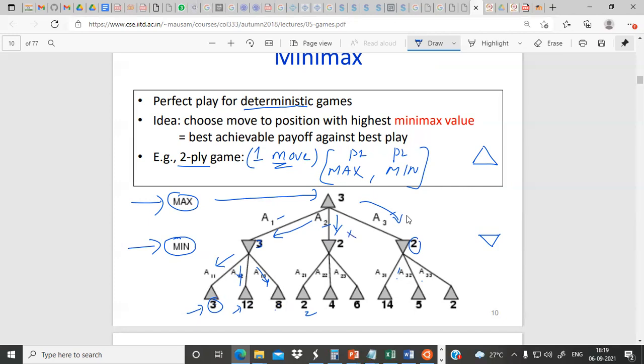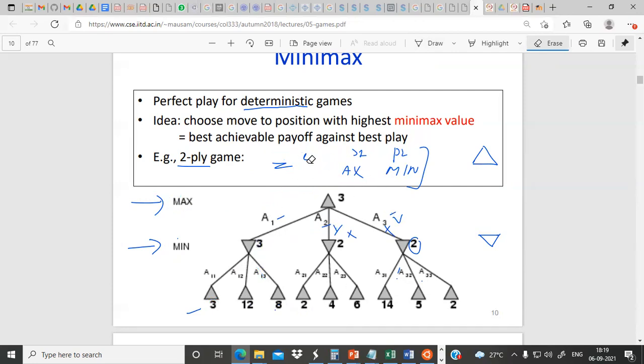But this will not happen. Player one will choose the first path and finally end up here, because this is the best thing player one can do. There is an adversary, player two, who is always trying to minimize the performance of player one.